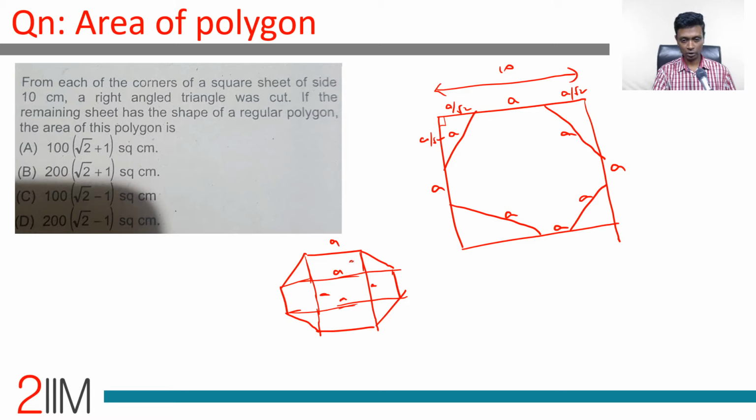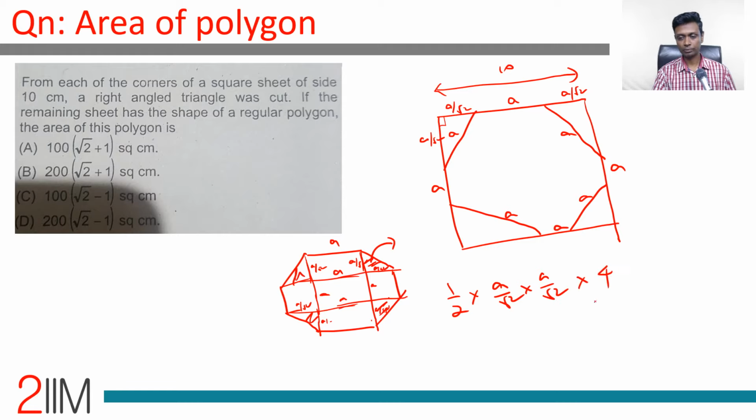And so this is A by root 2 on each of the sides. Area of this right angle triangle is half into A by root 2 into A by root 2. Like that, I'm going to have 4.